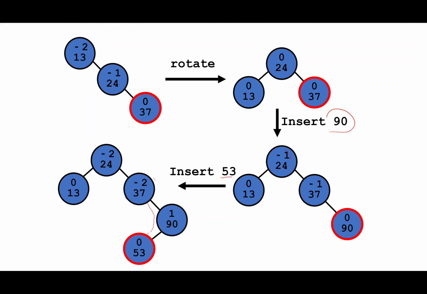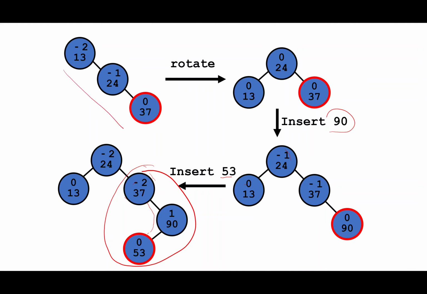So this node is not balanced, and the tree rooted at this node is a minimum unbalanced tree. This unbalanced tree is different from this one.